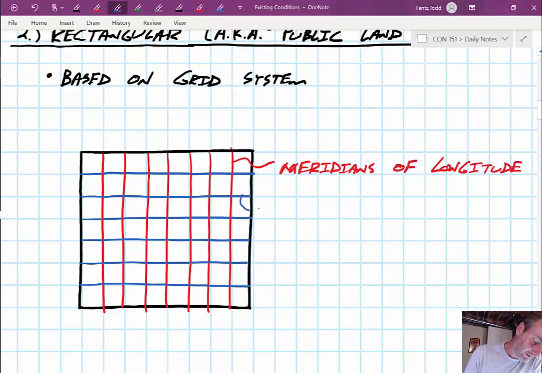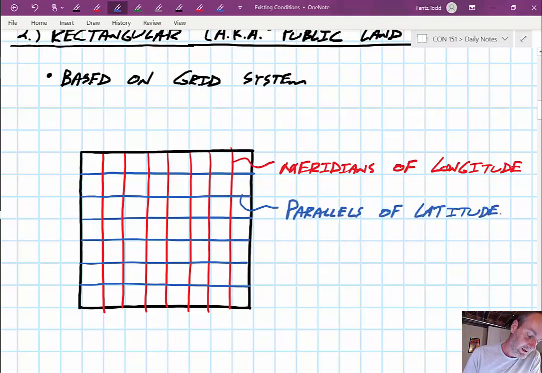And these horizontal lines, we're calling the parallels of latitude. Now, probably at some point you've heard latitude and longitude, and hopefully you remember that latitude is that horizontal east-west direction, and the meridians, or longitude direction, is our north-south.